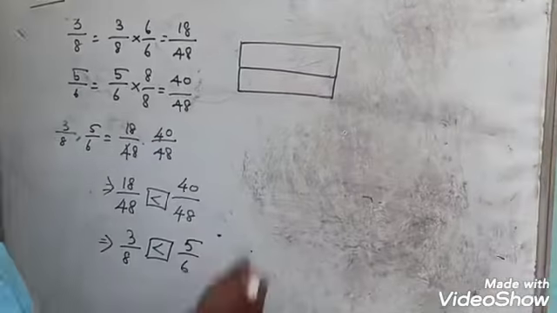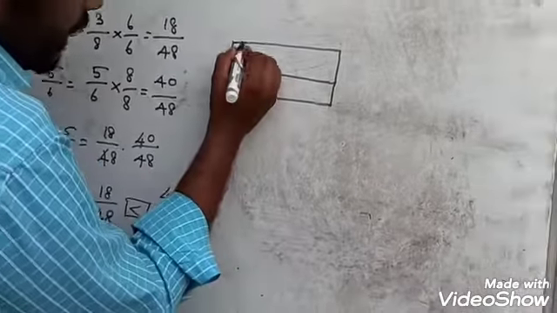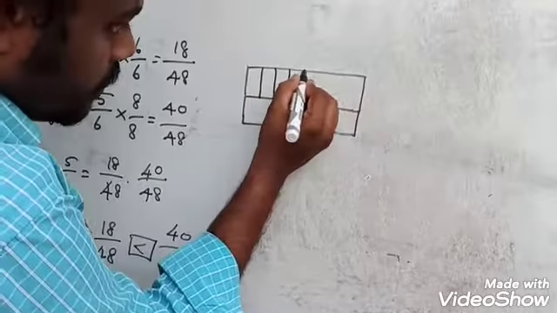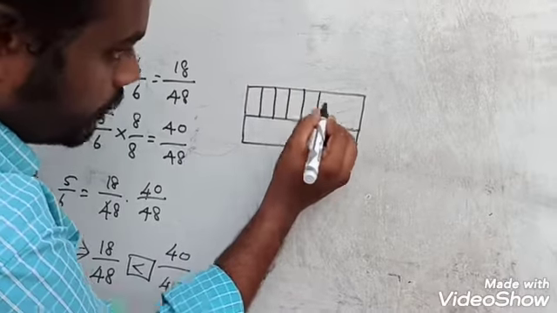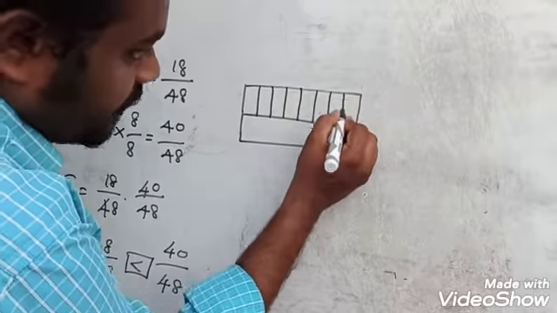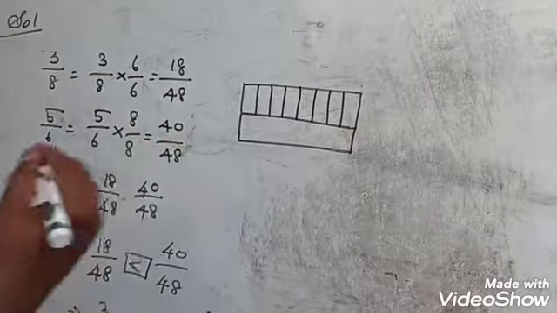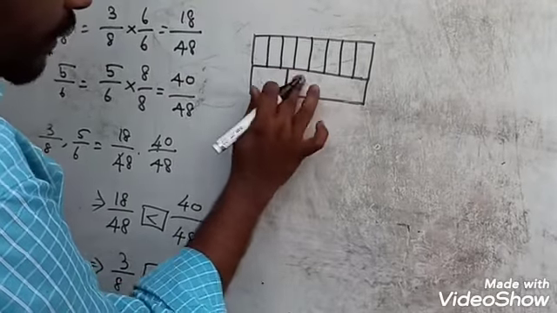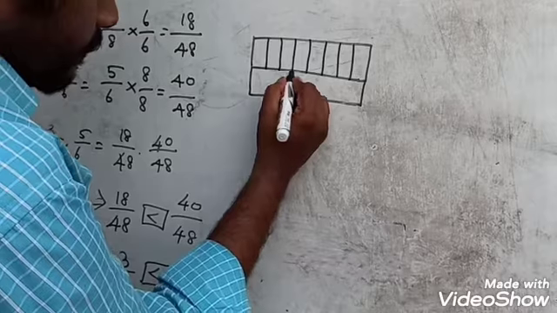So I will take two boxes. The first one I split into 8 equal parts: 1, 2, 3, 4, 5, 6, 7 and 8. Next I split into 3 equal parts and I convert that into 6 equal parts.